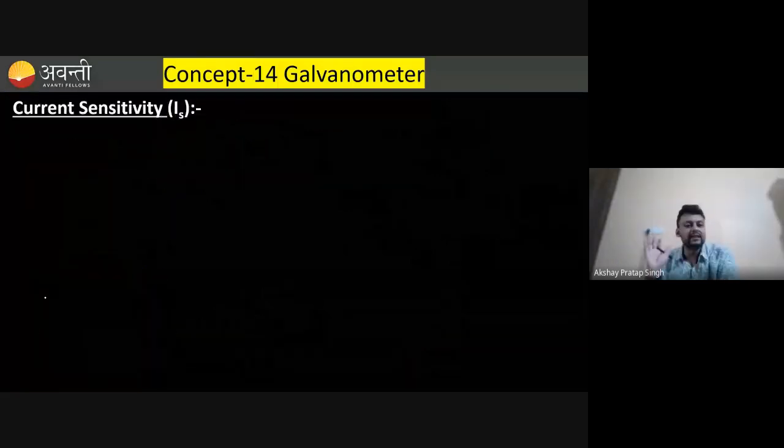Current sensitivity. Two important parameters about which questions are asked, the first is current sensitivity. And what is current sensitivity? The deflection produced in the galvanometer per unit current.